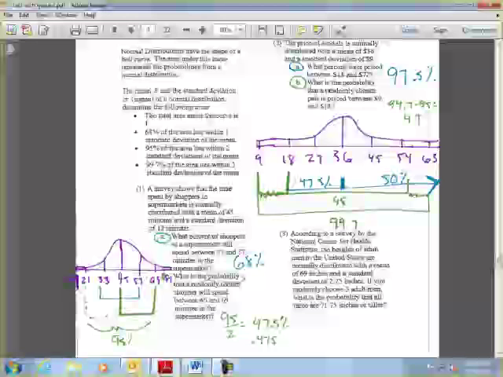But this question only asks about one of those wings. So then what do I do? Divide by 2, because the two wings should be the same size. So divide it by 2 gives us 2.35%. Or, since this question said probability, the back of the book is going to give your answer as 0.0235.